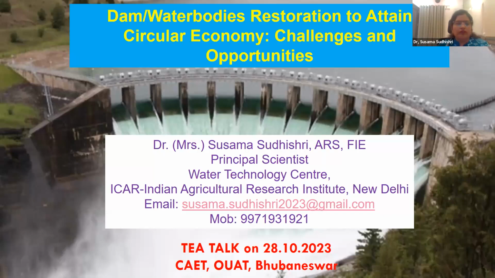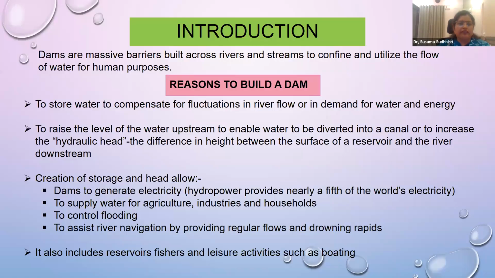As you know already, dams are massive barriers across a river or stream. Why are they built? There are four things we have to look at. The first is storage: storing water across the river so that some head is created upstream, which creates storage to generate electricity, to supply water for agriculture, industry or households, to control flooding, and to navigate in a river.